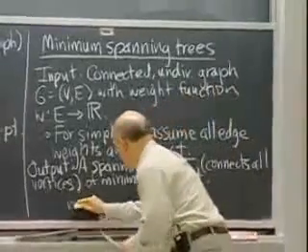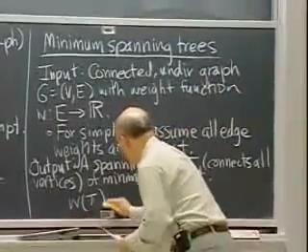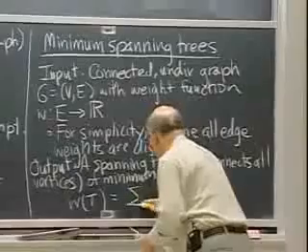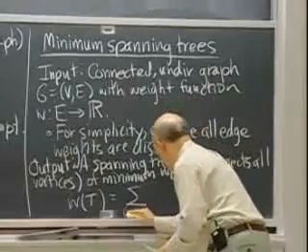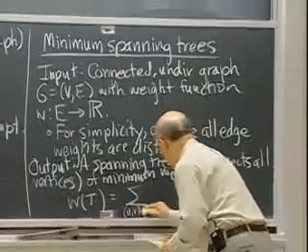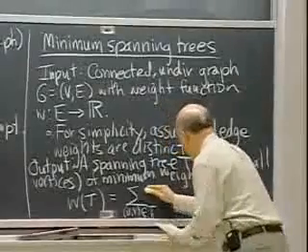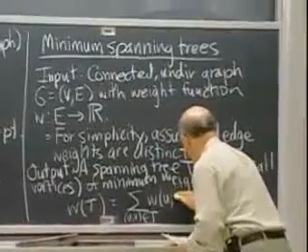We can write the weight of the tree as the sum over all edges that are in the tree of the weight of the individual edges.